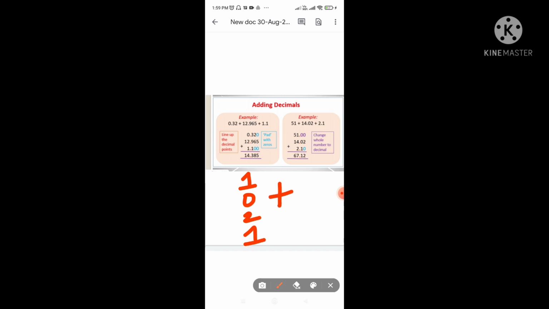So 1 plus 0, 1. Then 1 plus 2, 3. 3 plus 1, 4. So what comes under the ones place? 4. In the tens place you have 1 alone, so bring down that 1. So what's your answer? 14.385.